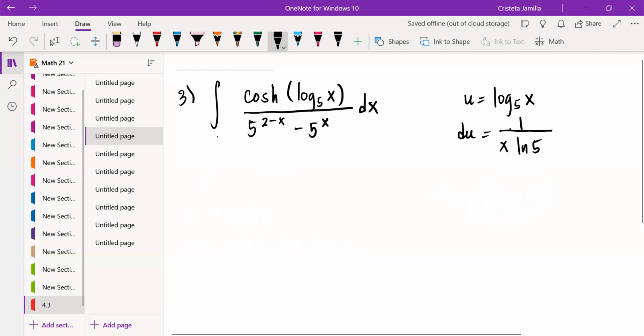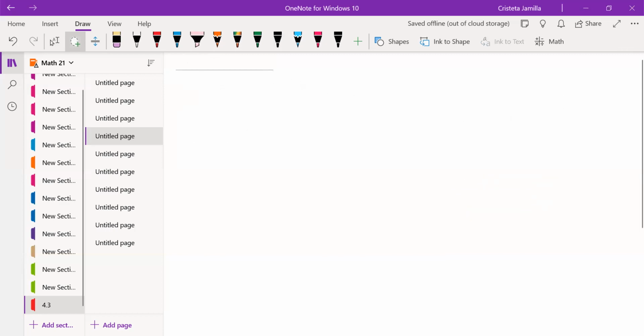I'll find another item. Please wait. I'm looking for another item to solve involving hyperbolic functions. Skip number 3. This one is all wrong. Okay. I'll just look for another integral.